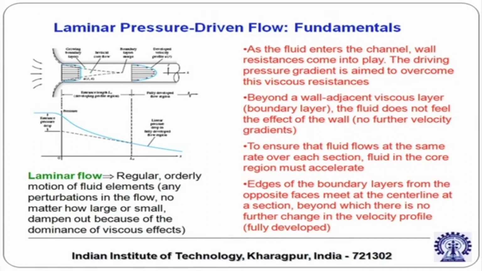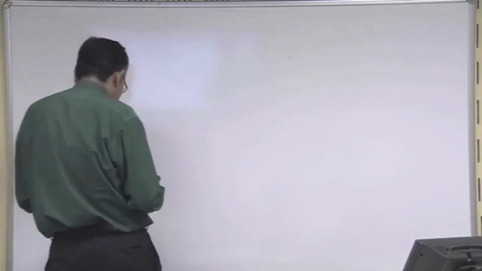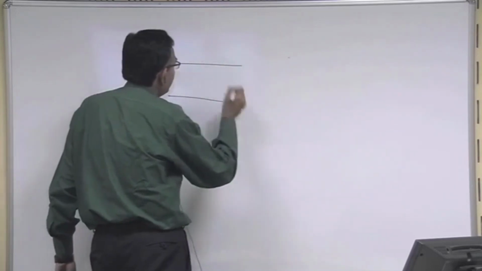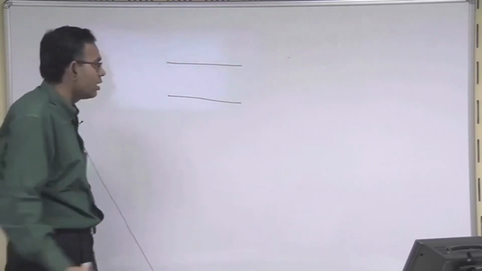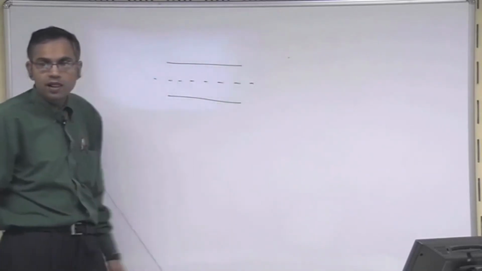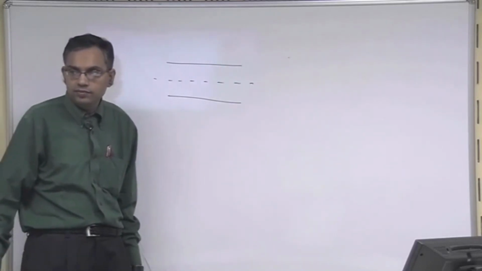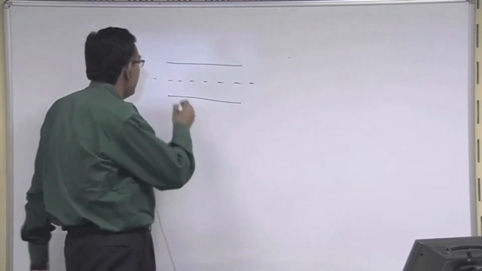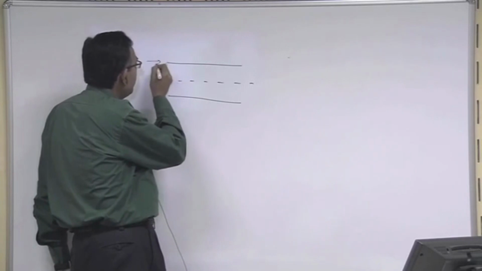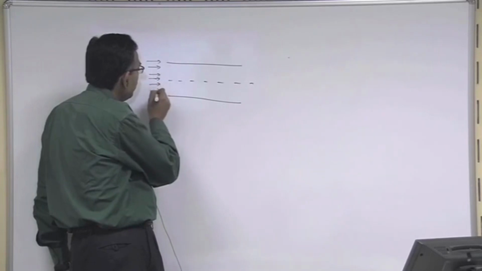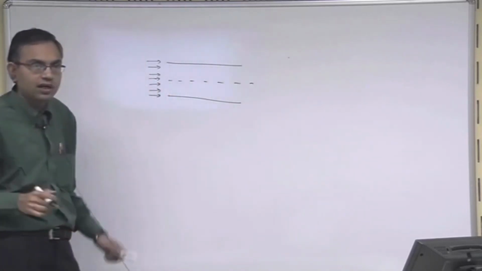Let us go to the board and discuss this. Let us say that you have a channel like this. Fluid enters the channel with a uniform velocity profile, just for conceptual understanding.